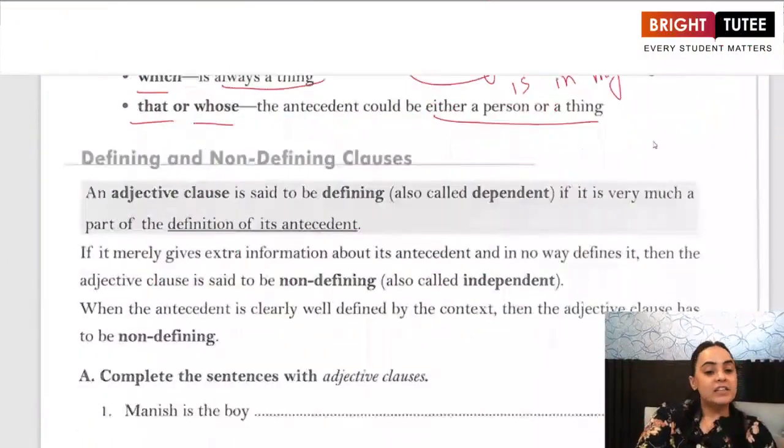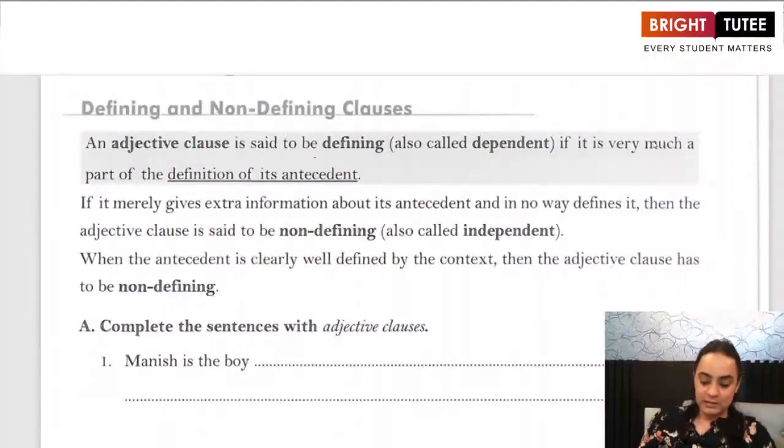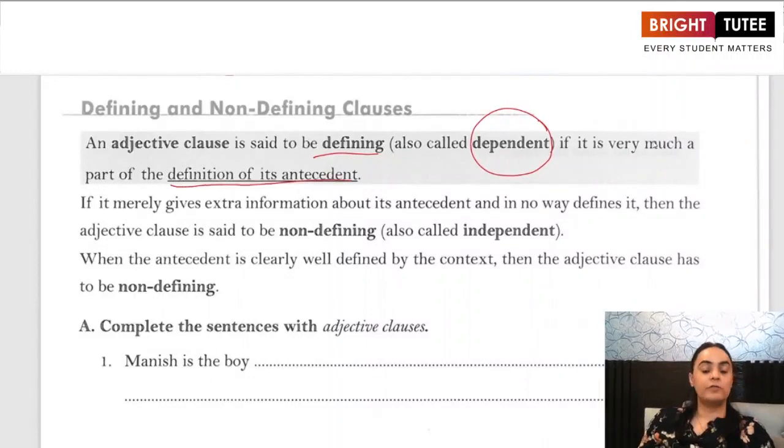An adjective clause is said to be defining if it is part of the definition of its antecedent. If my adjective clause is a part of the definition of my antecedent, it is known as a defining clause.